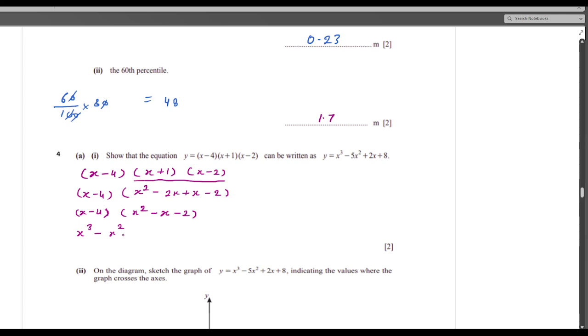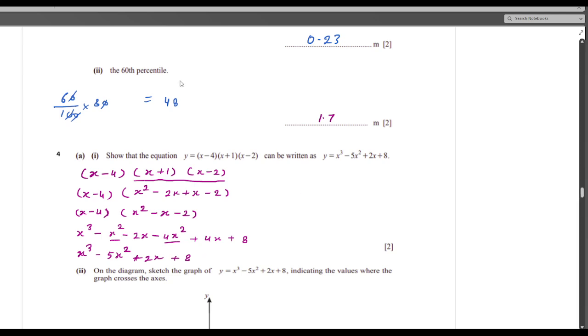Then x multiplied by 2 is minus 2x, then it is minus 4x square plus 4x plus 8. So this gives you x cube, now minus 4x square minus x square is minus 5x square, then minus 2x plus 4x is plus 2x, and finally plus 8.